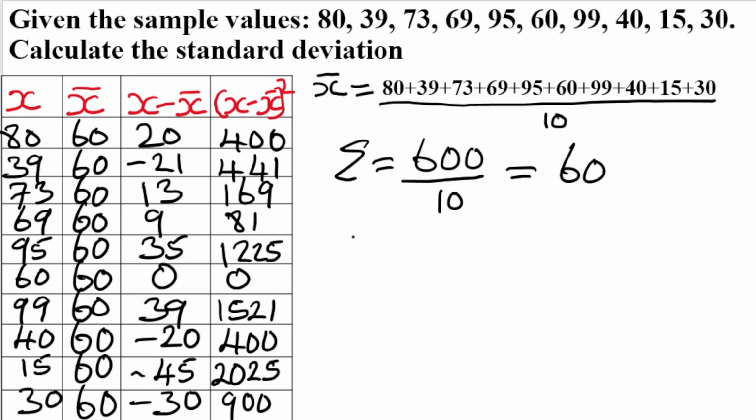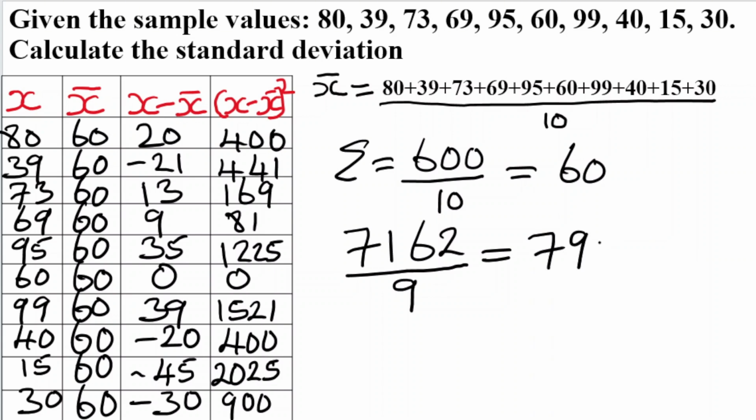This will give us 7162. Let's divide it by n minus 1. Our n minus 1 is 9. 7162 divided by 9 gives us 795.777.